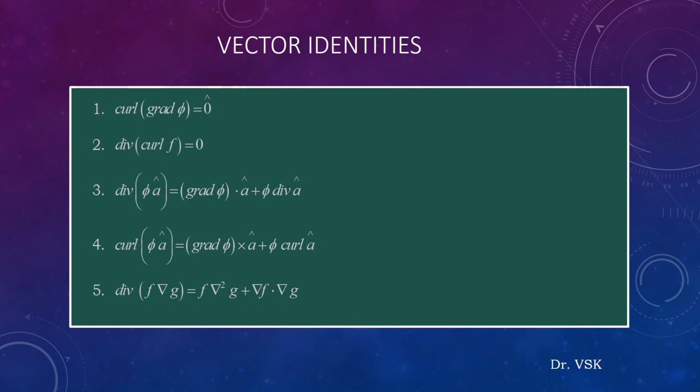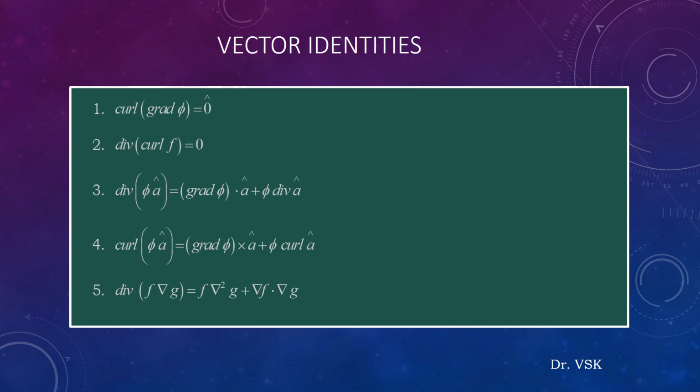Now let us take the next vector identity, that is div of f del g. Here f is a scalar field, g is also a scalar field. Del g produces a vector field. F is a scalar field.